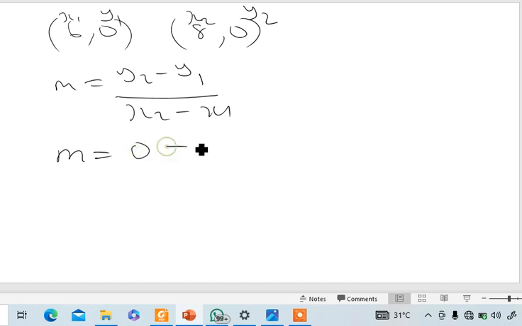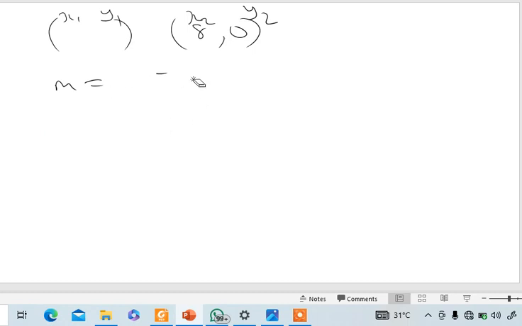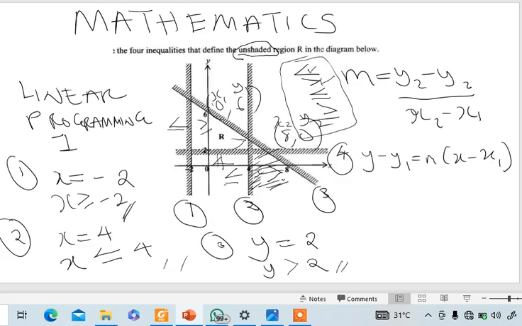That is 0, and y1 is also... Sorry, these are the right coordinates: 0, 6 and 8, 0.